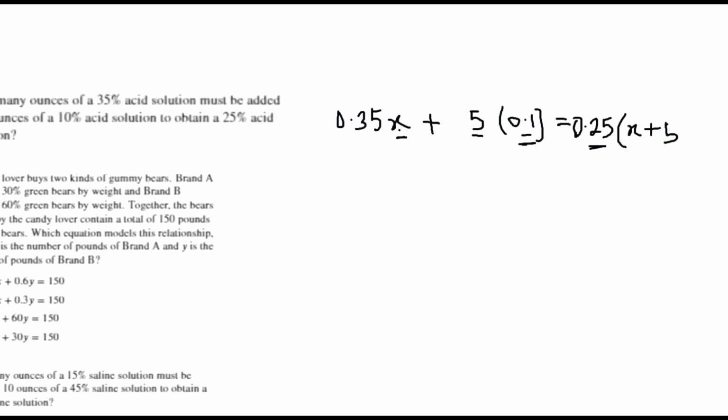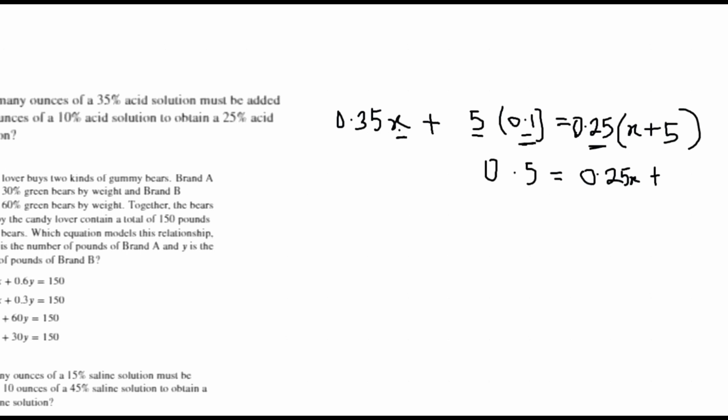And then here you have 0.25x plus 0.25 times 5. Now 0.25 is the same as 1 over 4, so that will be 5 over 4, which is 1.25. We have 1.25 here.